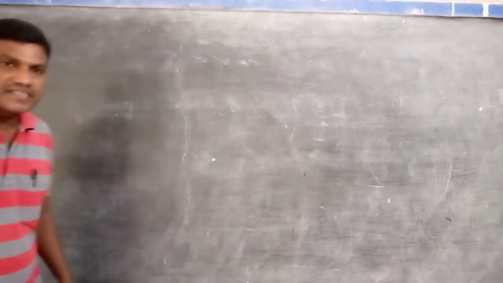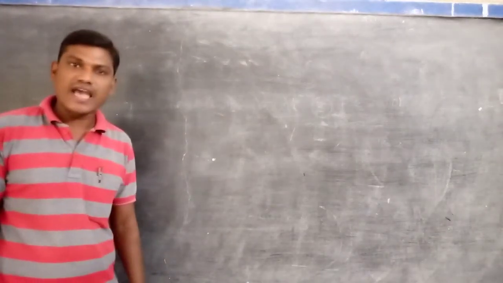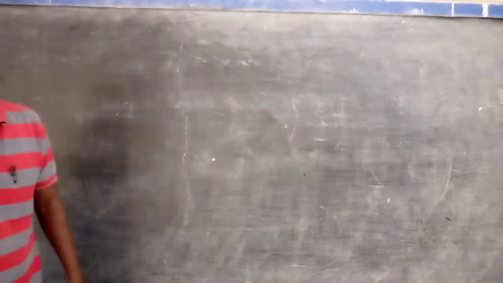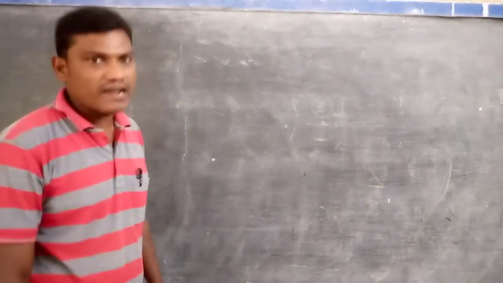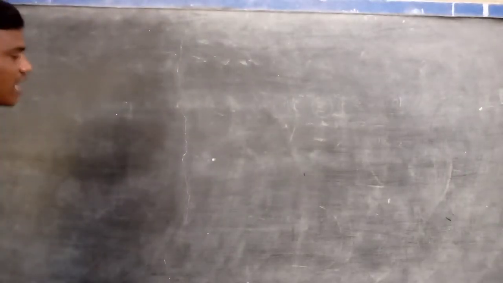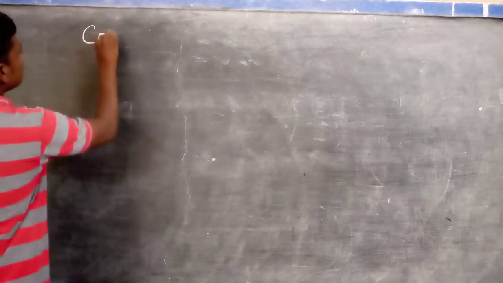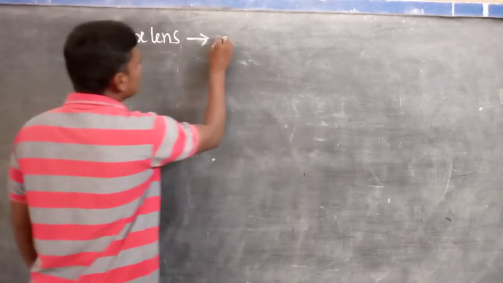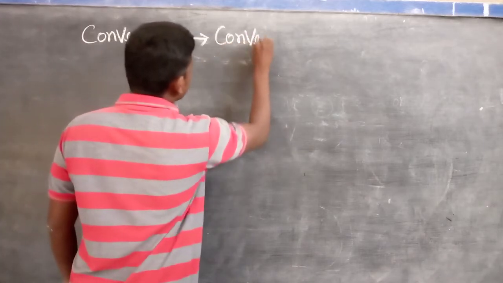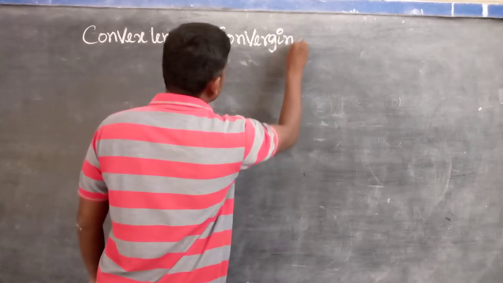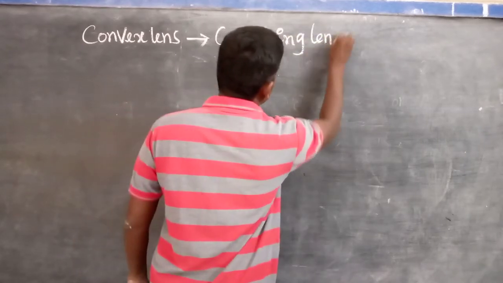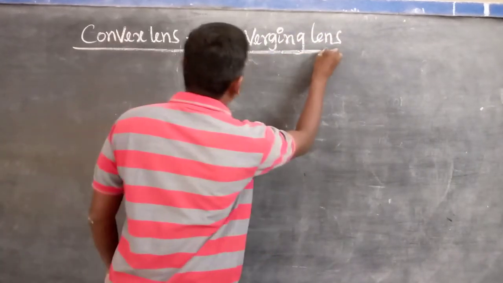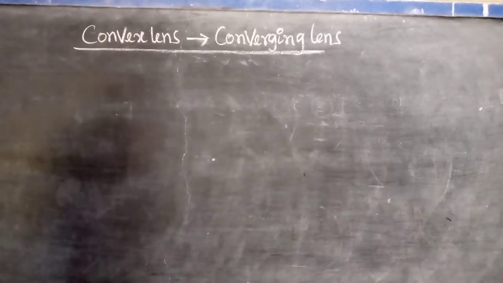Now we are discussing whether the convex lens really acts as a converging lens, while the concave lens acts as a diverging lens. First we discuss the convex lens acting as a converging lens.